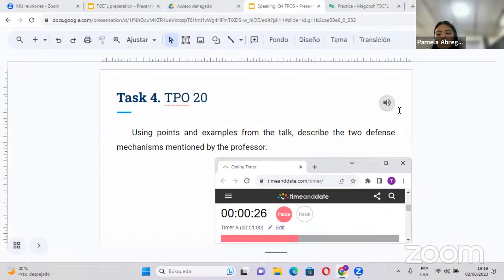Then the professor talks about the second one, sublimation. And this is not about inventing, it's about turning the bad thinking into good. For example, if your dog runs away, you can be a dog trainer and direct these negative thoughts into good ones.